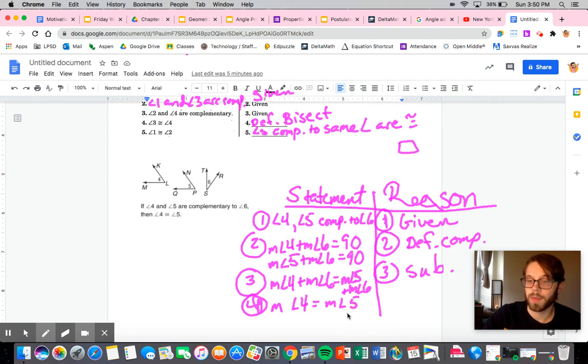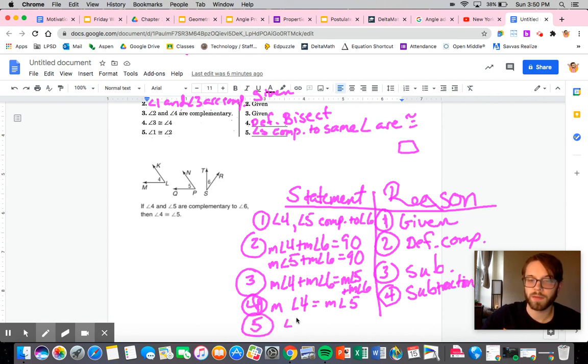Now, if you wanted to, you could show both sides and say subtract the measure of angle 6 from both sides, and then write another step where you use substitution as your reason. But I'm just going to write this and say the reason behind that is just subtraction. That's perfectly fine. Okay, subtraction, and then 5.